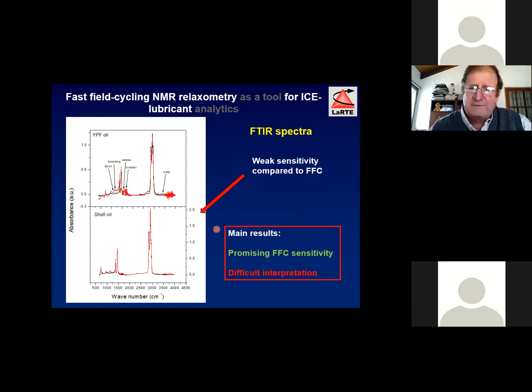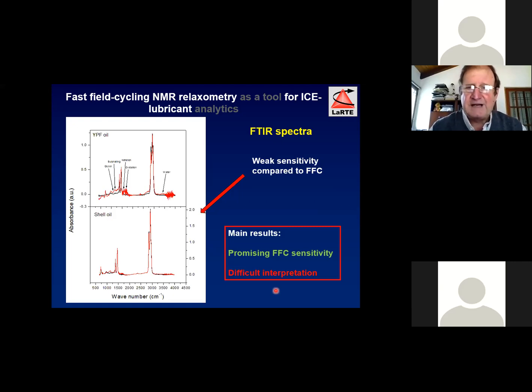With relaxometry, we do not have this. Anyway, the sensitivity here is quite low compared to field cycling for the same oil. So as a main result of this work, at least as far as sensitivity is concerned, field cycling as a technique was promising, but we have the problem of the interpretation.